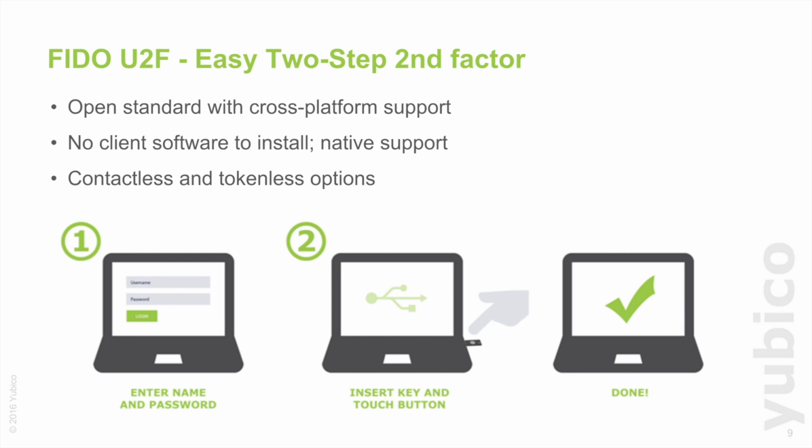In the YubiKey case, it is a hardware device. It is supported today by the Chrome browser as well as the Opera browser, which means it works out of the box. You don't have to install any client software for it to work. And it works with both contact and contactless devices. You can work with a USB connection or wireless, as in Bluetooth or NFC.